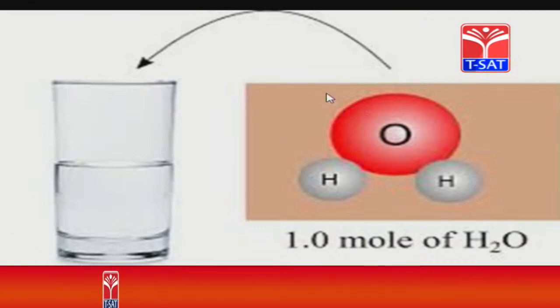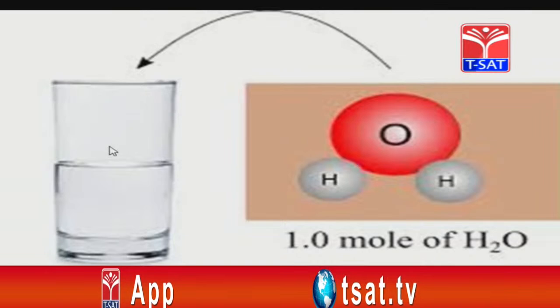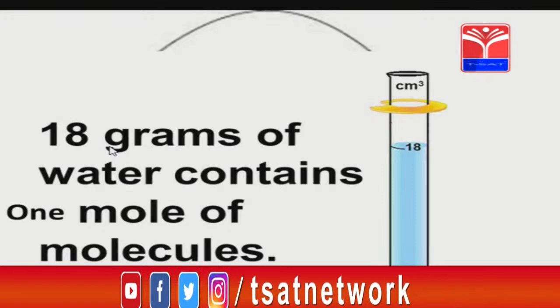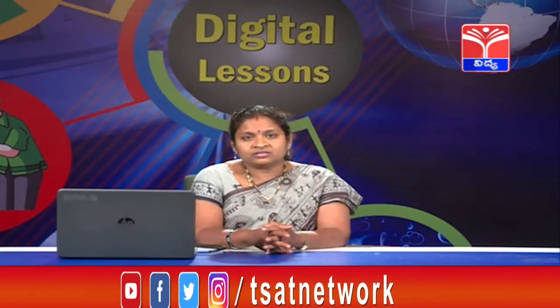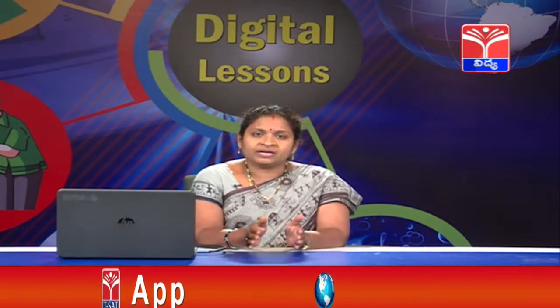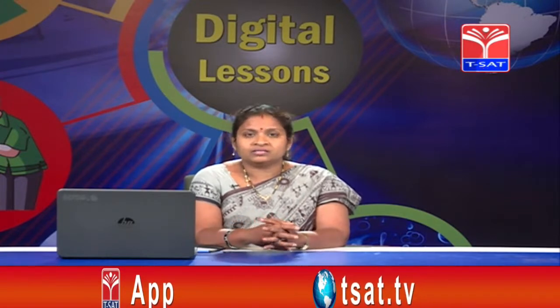So, 1 mole of water molecules is equal to 18 grams, that is the molecular mass of water. That means 18 grams of water contains 1 mole of molecules. So, what is molecular mass, children? 1 mole of any molecules combined together, we call it the molecular mass of that particular substance.